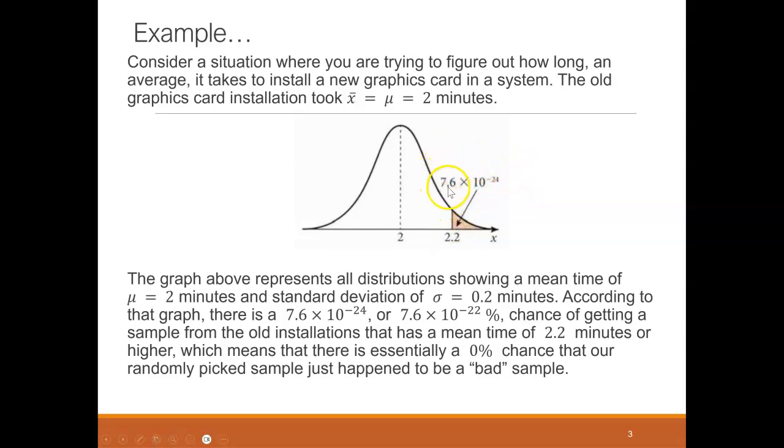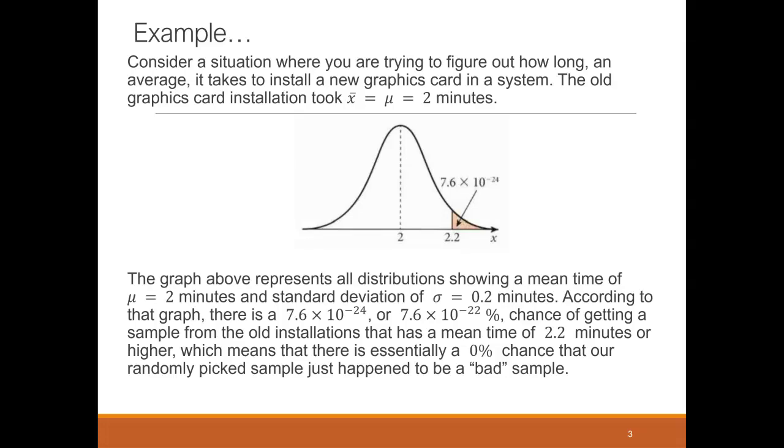I calculated that area to be 7.6 times 10 to the negative 24. Is that a big number or small number? Really small, very close to zero. So is it likely or unlikely that I would have gotten a sample from my old cards that would have a mean of 2.2? Really unlikely. What would that tell me about these new cards? It is actually taking longer to install them on average than the old card.